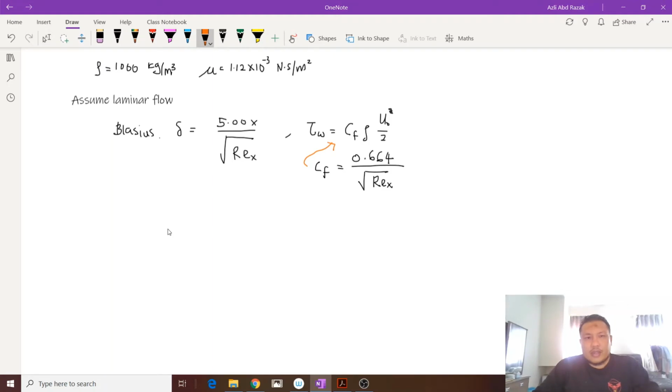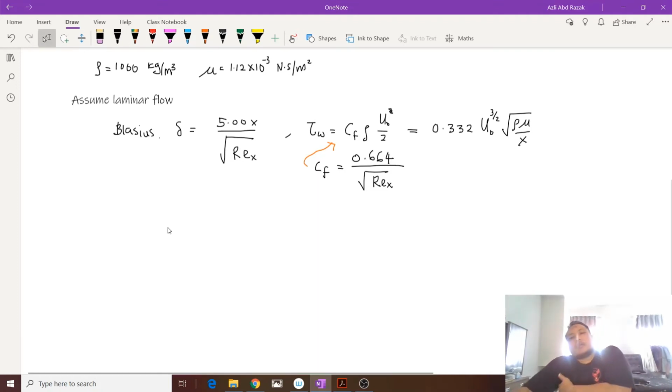The final result for the tau wall is equal to 0.332 u naught to the power of 3 over 2 times the square root of rho mu divided by x.